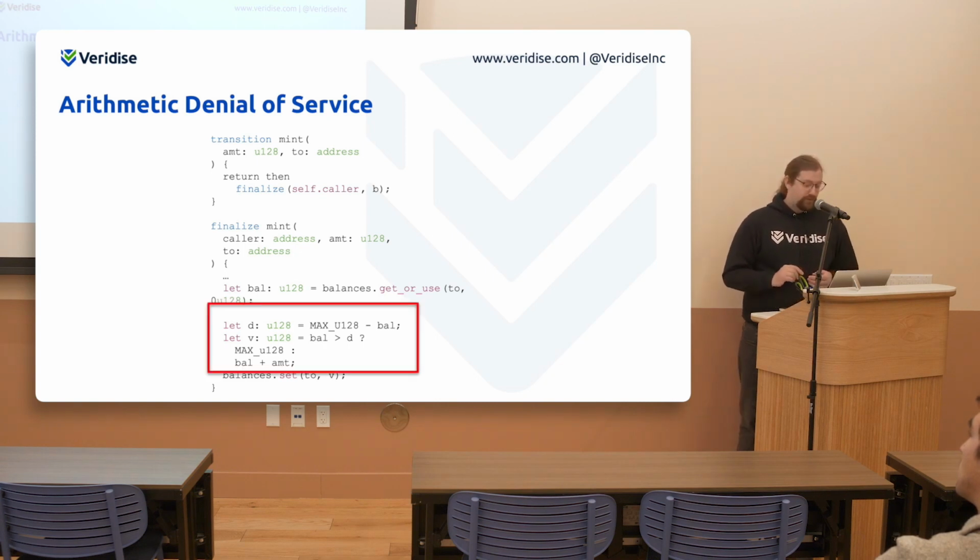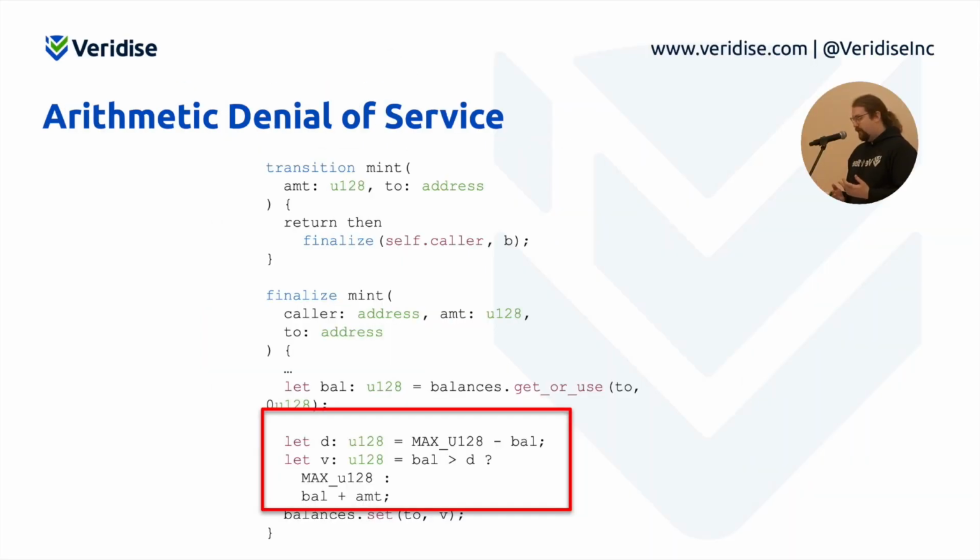So if we look at this particular example, essentially a user is trying to perform a saturated add. And so what they do is they check to see if the resulting balance is possibly larger than the maximum int that could be expressed in a U128. And then based off of that, they'll either saturate to the maximum U128 or they'll go ahead and perform that add.